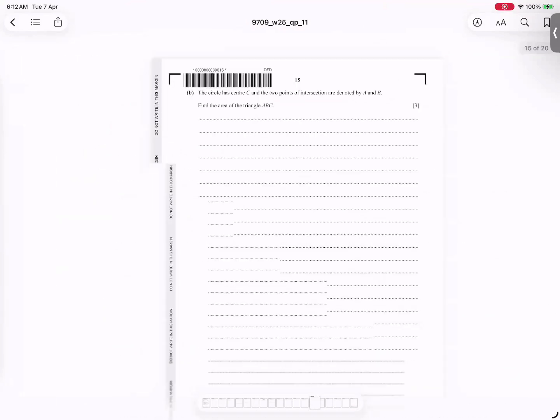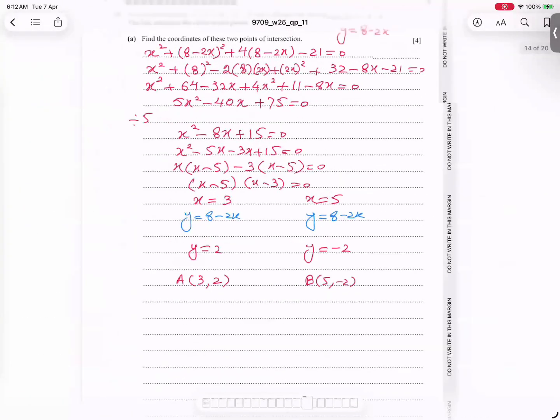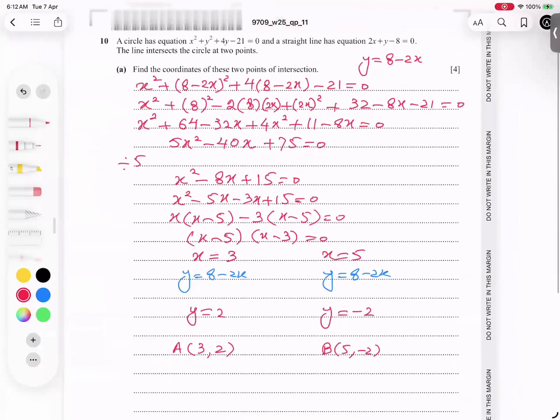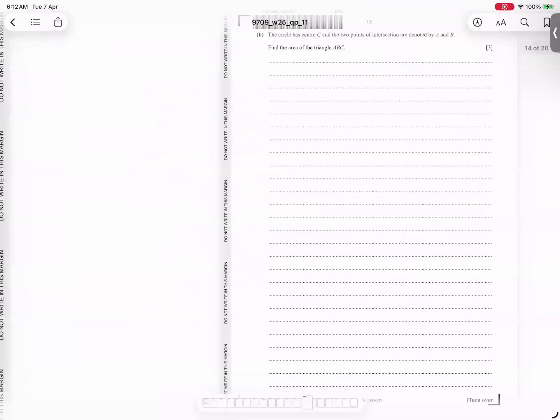So let's go back. First of all, I will do two jobs. I need the equation of the circle, which is x square plus y square plus 4y minus 21 equal to 0. So I'm shifting these two things to the next page.